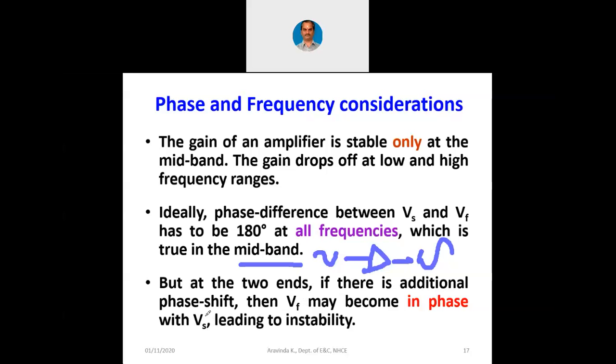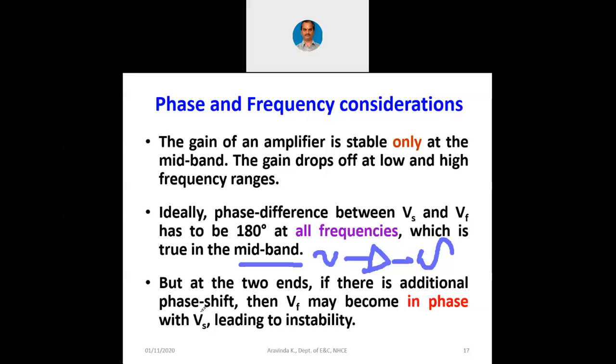Till now we have been discussing negative feedback, where we wanted the 6 advantages out of the negative feedback. Even though the one disadvantage was the reduction in gain, we had the 6 advantages. Now at any particular high frequency band or low frequency band, if the feedback voltage becomes in phase with the input voltage, then instead of having a 180 degree phase shift, the feedback voltage will be added to the input voltage.